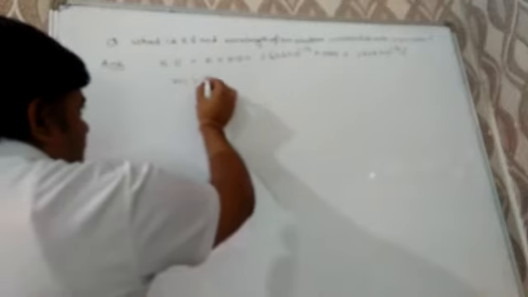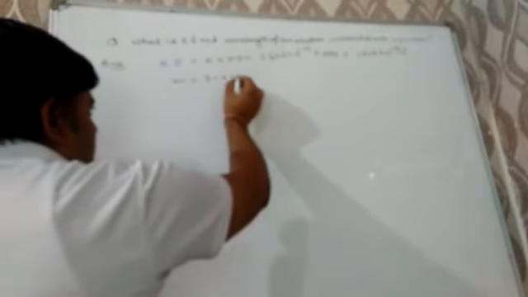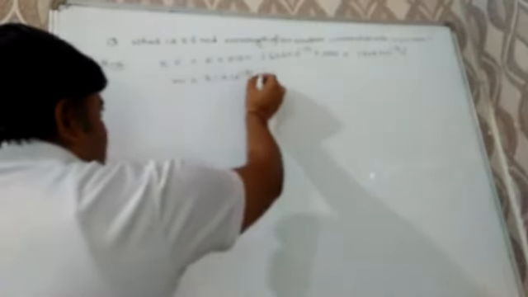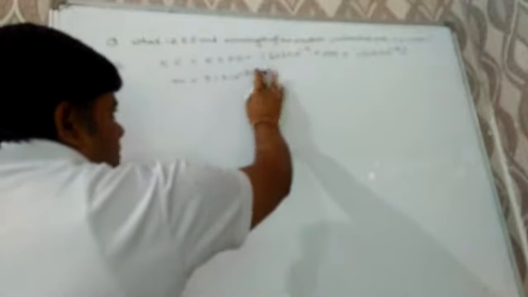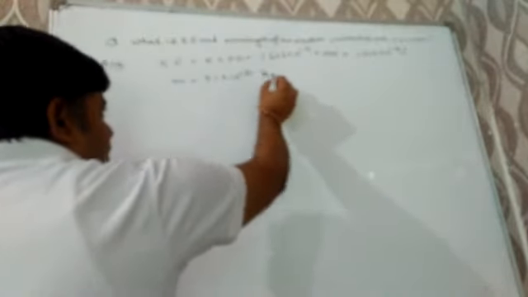The mass of the electron is 9.1 into 10 to the power minus 31 kilogram.